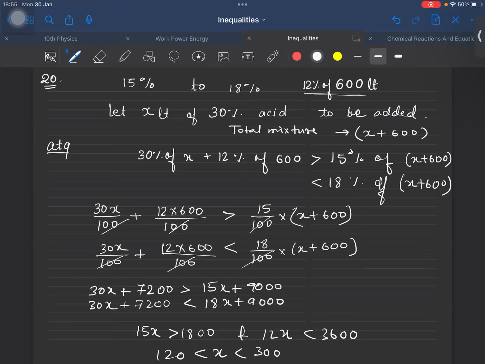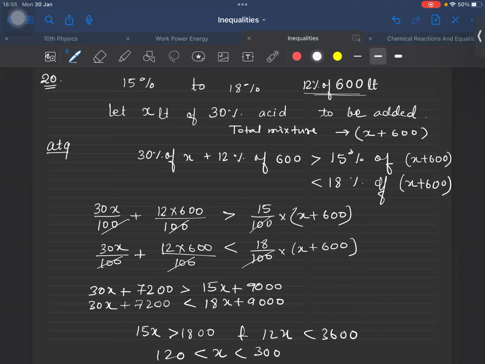See, read the question again. A manufacturer has 600 liters of 12% solution of acid. So it already has 600 liters of 12% acid solution. How many liters of a 30% acid solution must be added to it so that the acid content in the resulting mixture is in range?